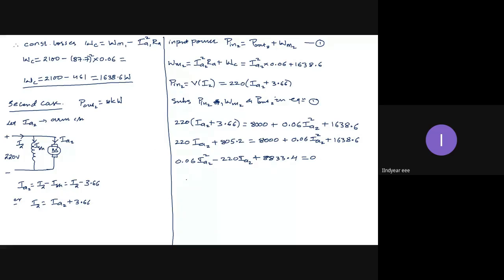Now, upon solving this, what do I get? IA is equal to, apply the formula, minus B plus or minus root B square minus 4AC divided by 2A. So minus B is minus of minus 220.